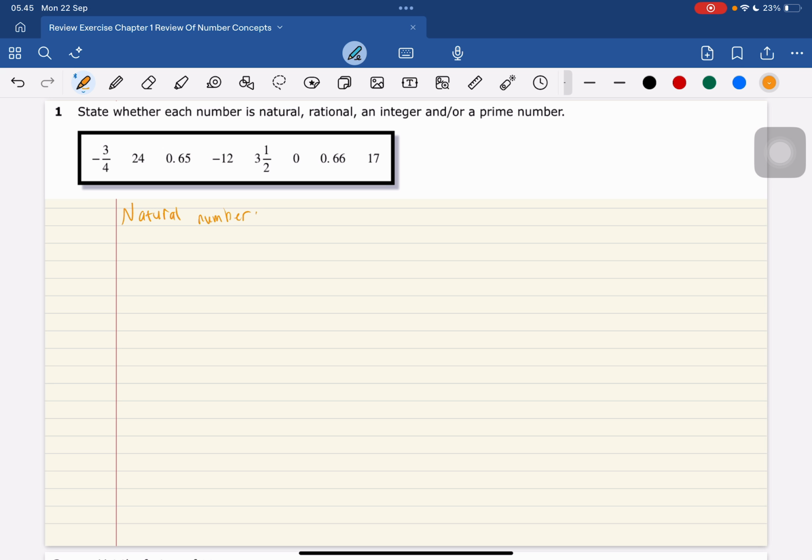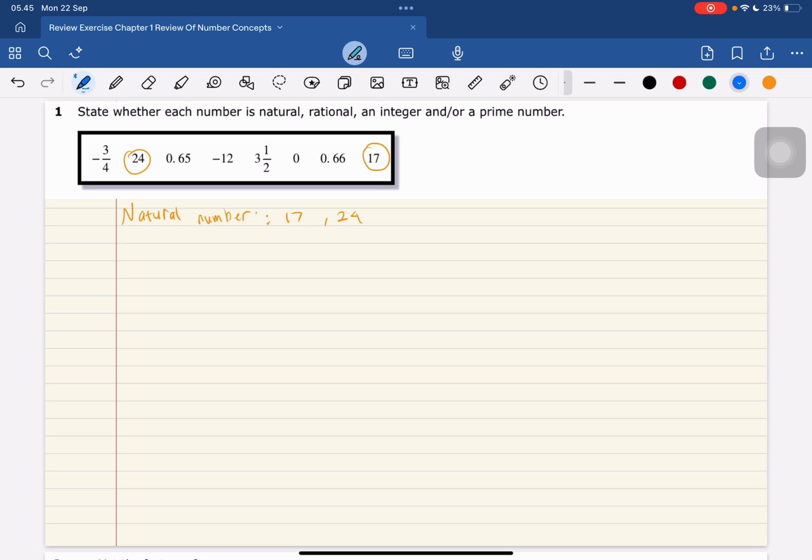Natural numbers are the whole numbers starting from number 1. So what natural numbers do we have here? Okay, we got 17. And we got 24. Okay, there it is.